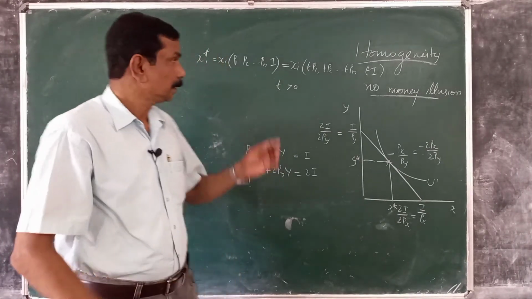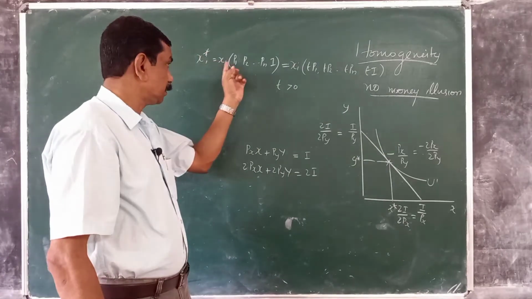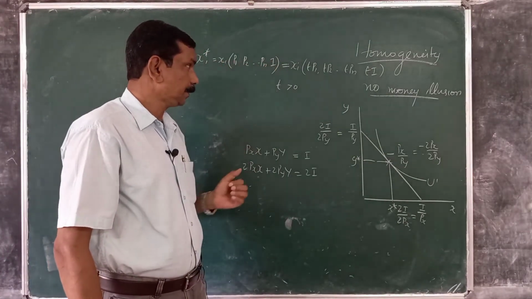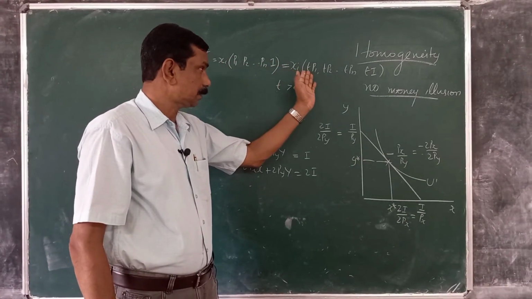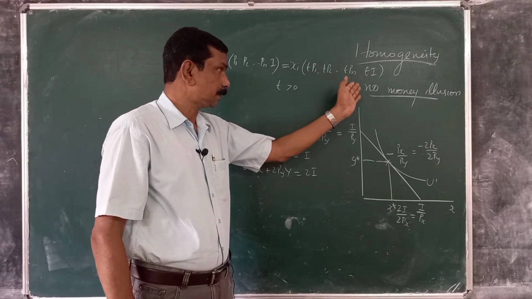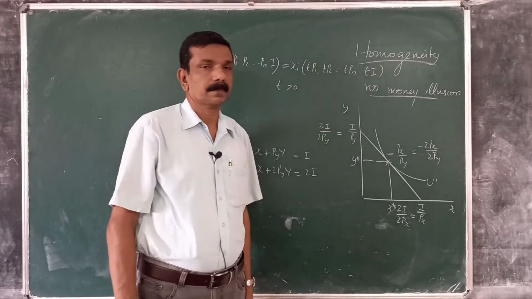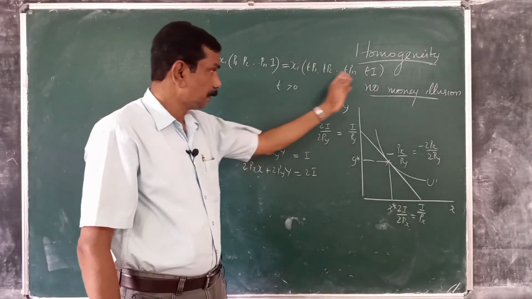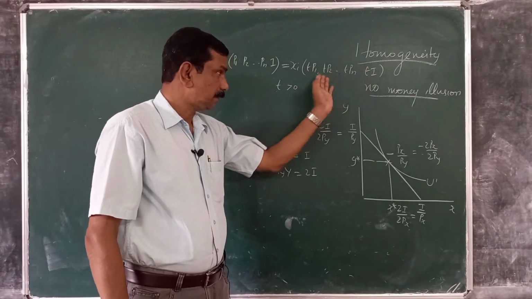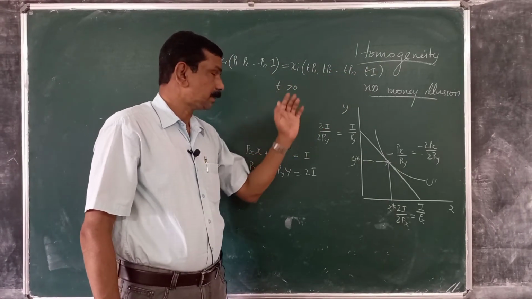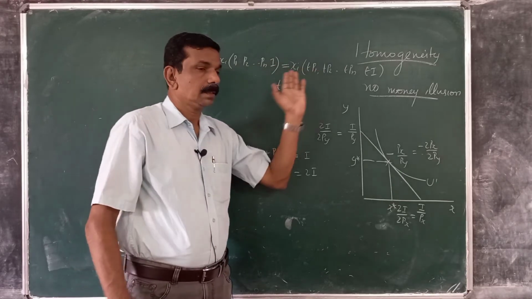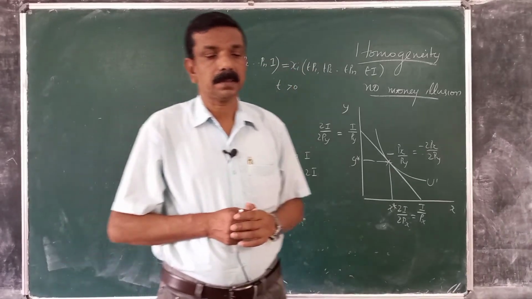That is, x star i as a function of p1, p2, pn and I is the same as a function of t into p1, t into p2, t into pn and t into I. That is, multiplying all the prices and income with a constant t greater than 0, the demand for x is not affected.